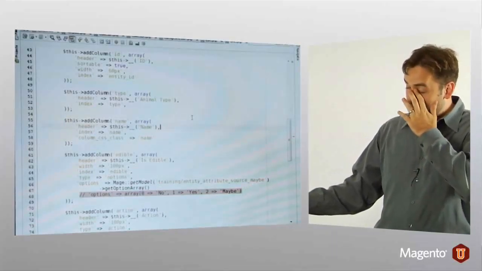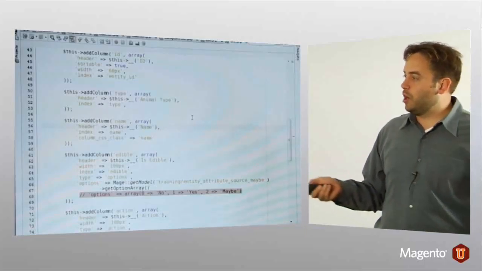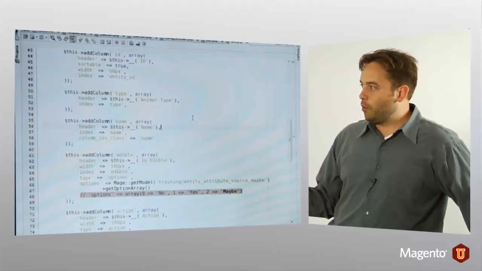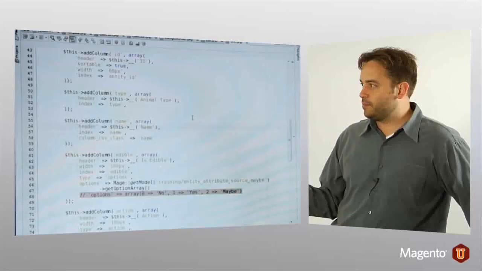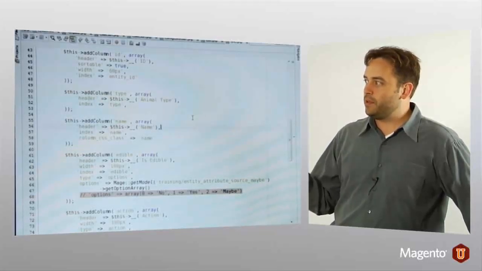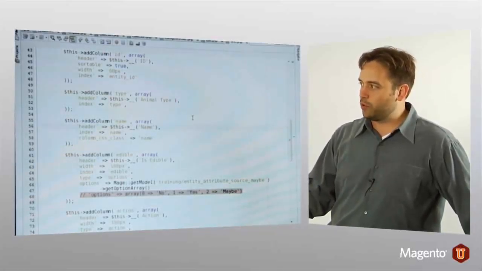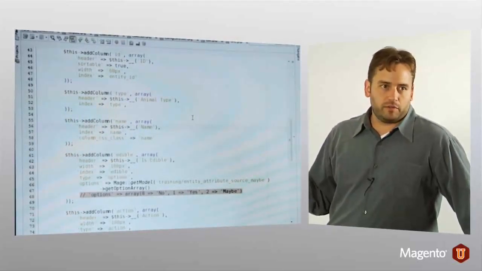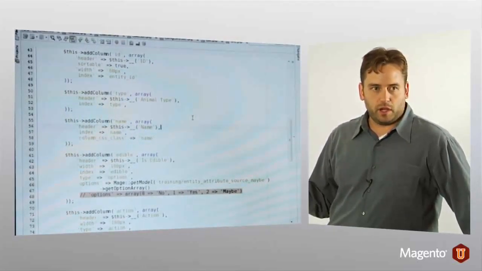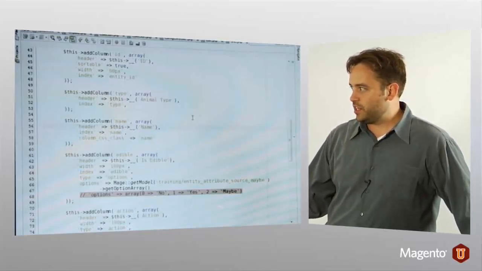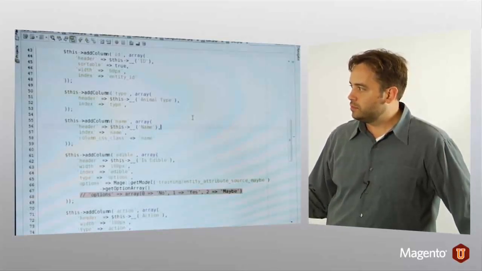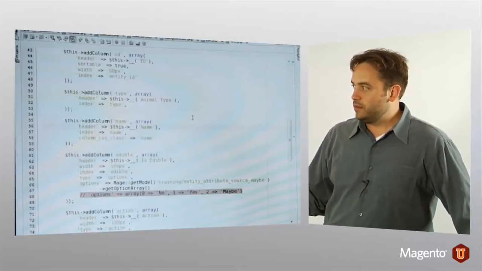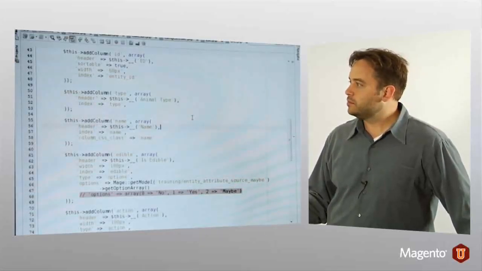Why do I have to do this? Well, I want to use this source model and then get my option values, but be able to store them and render them. That'll convert 0 and 1 to yes and no, or in this case, yes, no, maybe. We haven't made this class yet, but we will in a second.